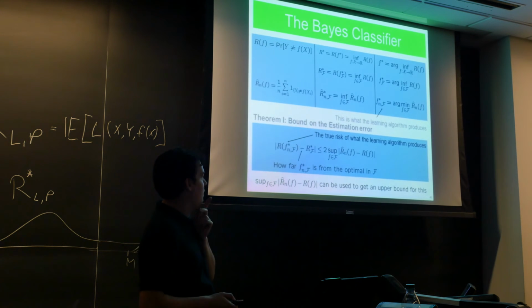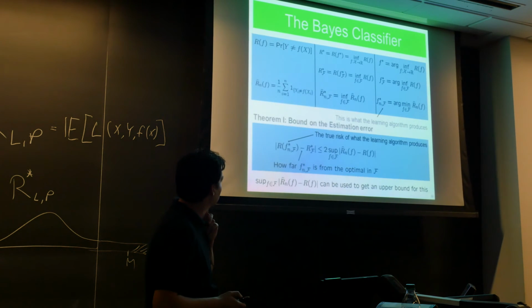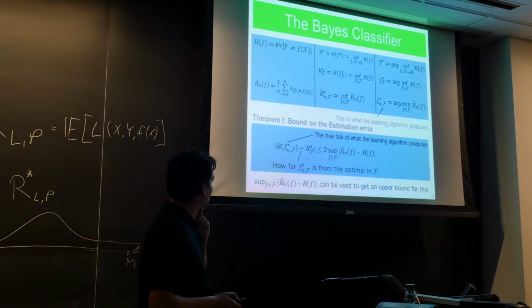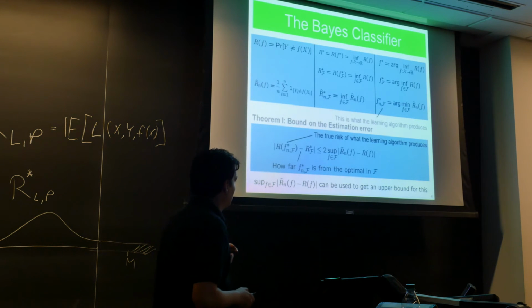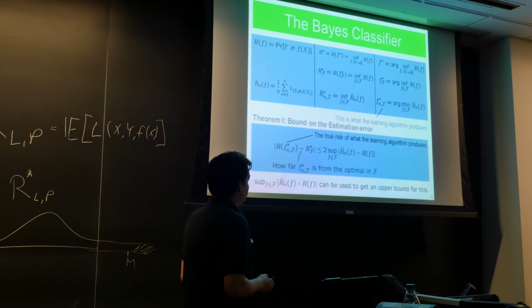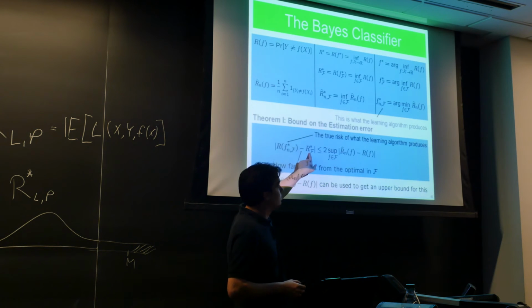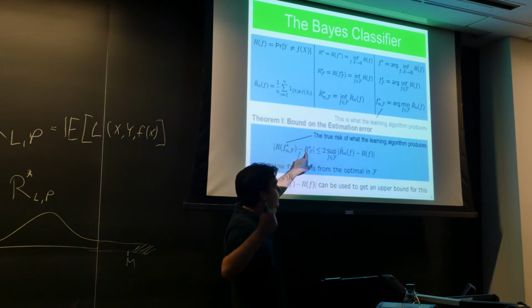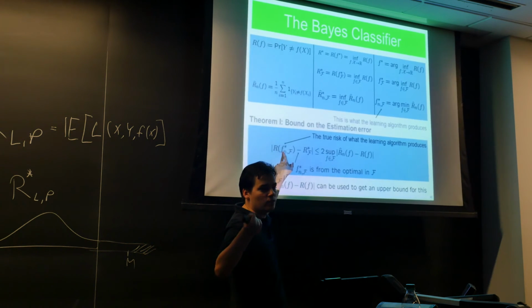Okay, there's an interesting theorem that we will need. So there's a true risk that's the best possible risk achievable in this function class f, that's R star f. There's a true risk of the function that your algorithm produces.